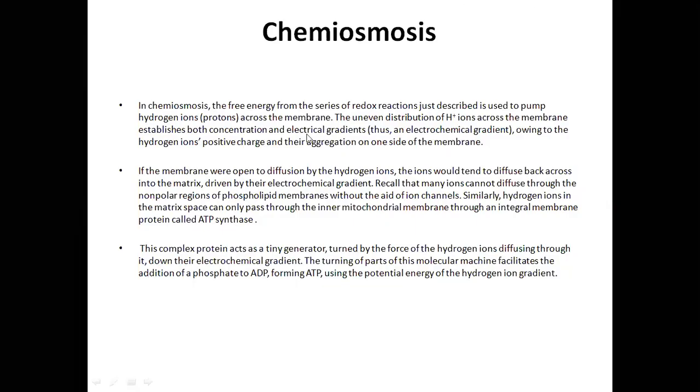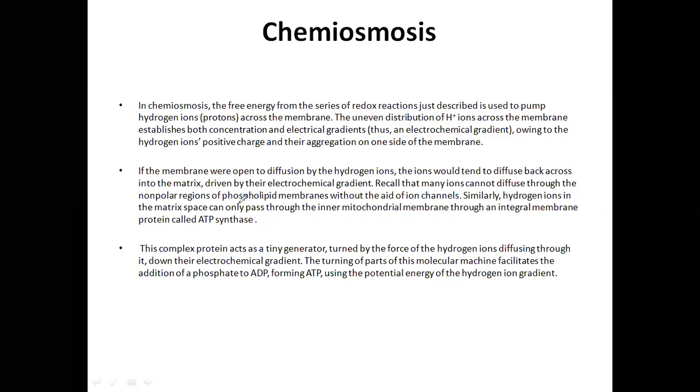Now this process we call chemiosmosis. If the membrane were open to diffusion by the hydrogen ions, the ions would tend to diffuse back across into the matrix, driven by the electrochemical gradient. But many ions cannot diffuse through the non-polar regions of the phospholipid membranes.